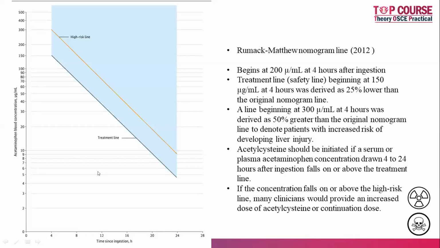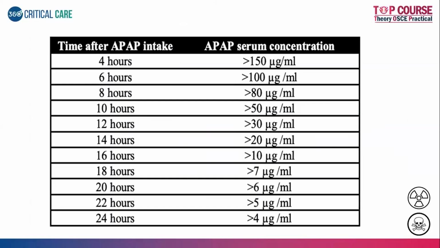But in most cases, paracetamol levels are not available. So in such cases, you can actually give N-acetylcysteine if the patient comes within 4 to 24 hours. This is just an arbitrary concentration after the ingestion.